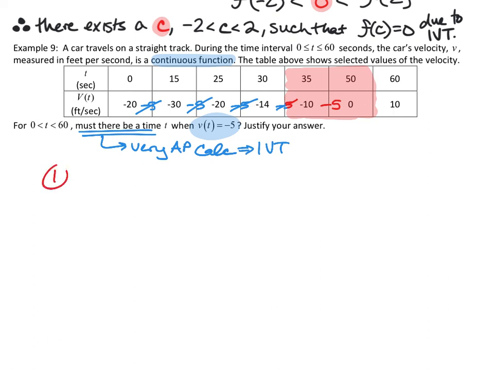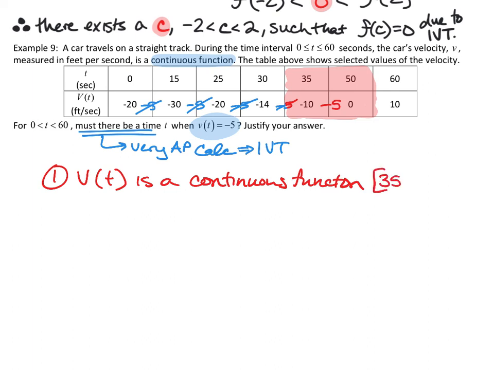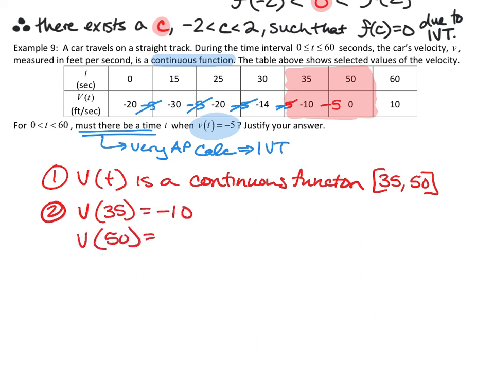So we're going to say, number 1, we know that v of t is a continuous function. They told us this. It's continuous on our interval of interest, between 35 and 50. That's where we're really interested. Because plugging 35 into this function gets me an output of -10, and plugging 50 into this function gives me an output of 0.